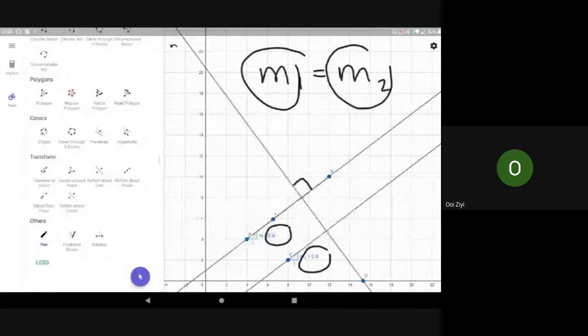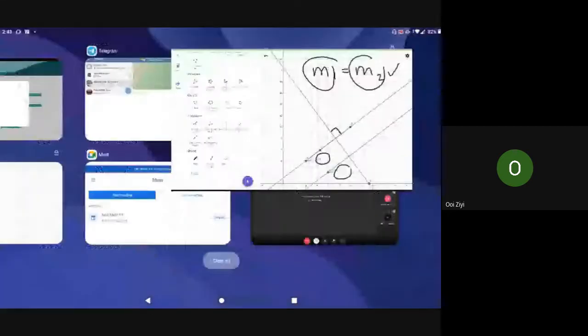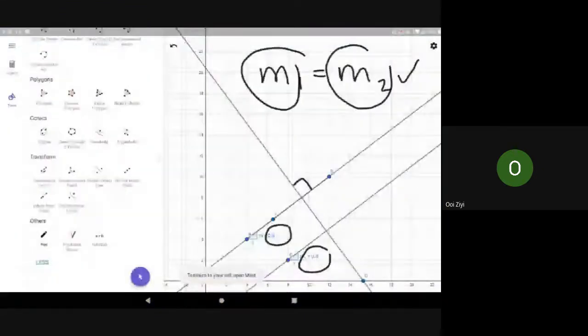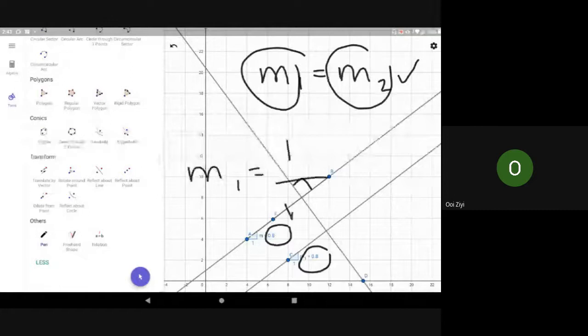Also, we check the gradient, but the difference is, if the line is parallel, the gradient will be equal. If the line is perpendicular, M1 is equal to negative 1 over M2. Let's check.